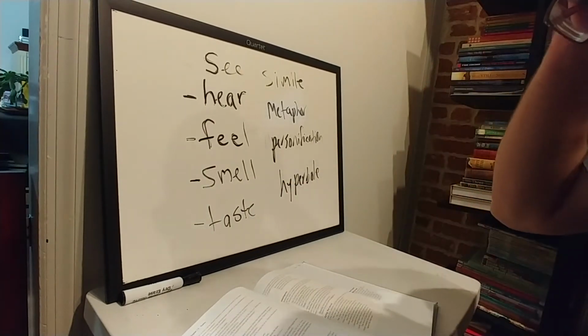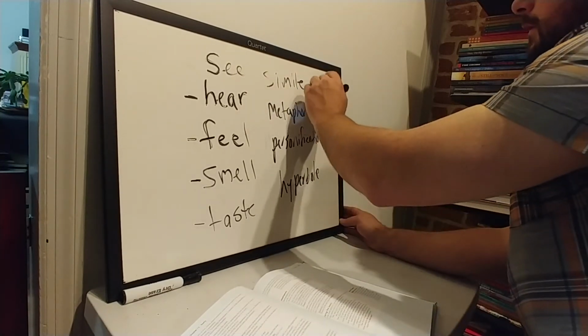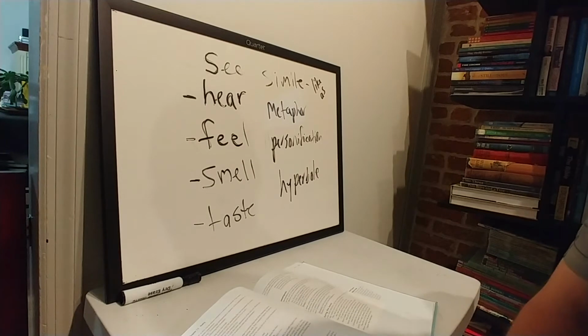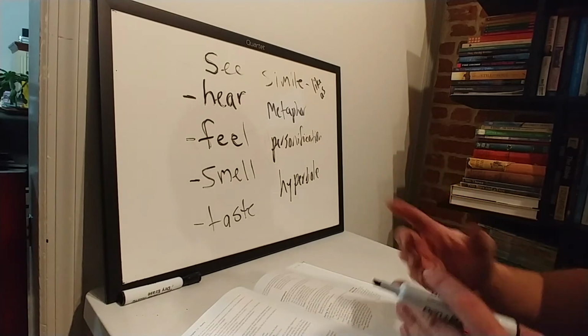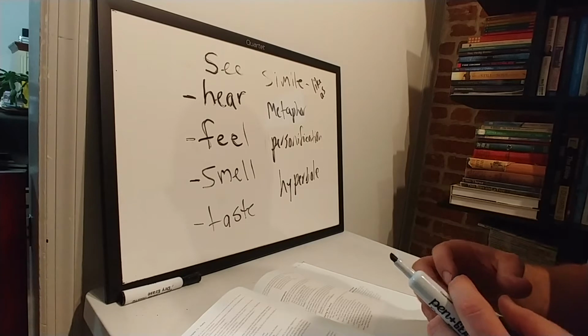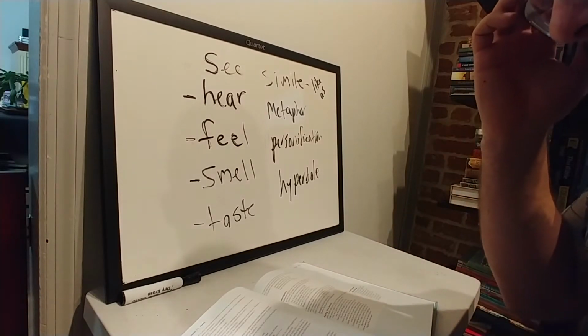So, simile is a like or as comparison. So, he runs like the wind. You get the idea. Metaphor, you compare, very similar to a simile. However, you don't use like or as, you actually say it is. And this one can be confused with hyperbole.